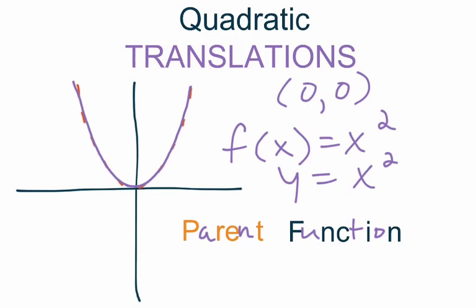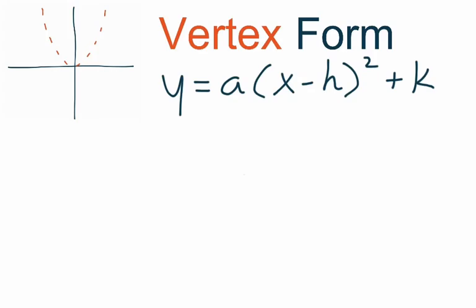So let's look at this translation and see what this starts to look like. The best way to do this is to write this vertex form down. You have this on your paper, and you're going to jot it down a couple more times. Hopefully you get familiar with it. But remember, we started with f of x equals x squared, or the same thing, y equals x squared.